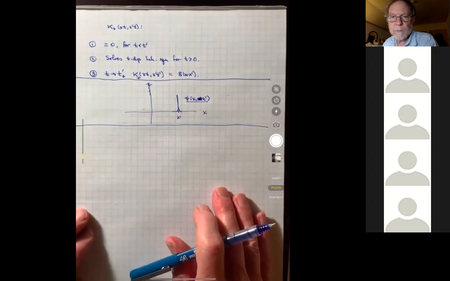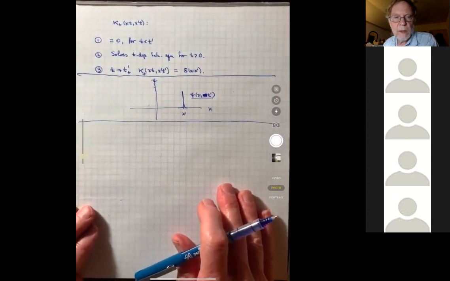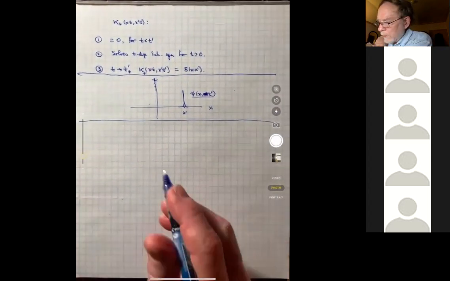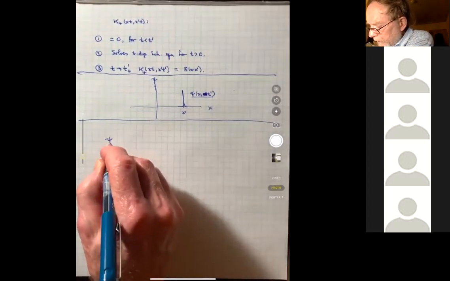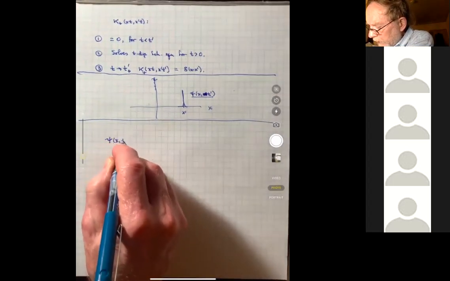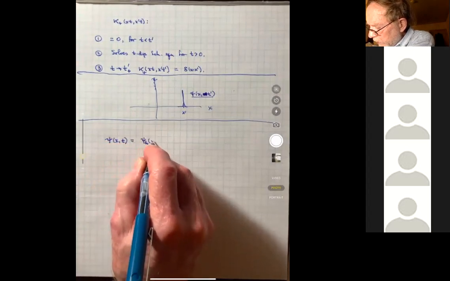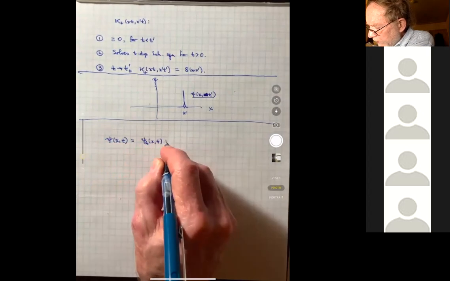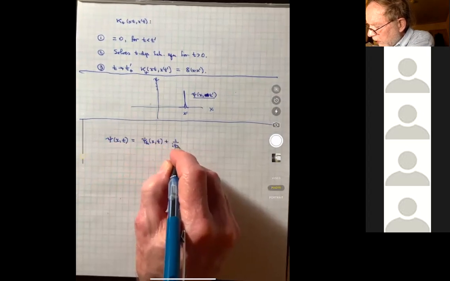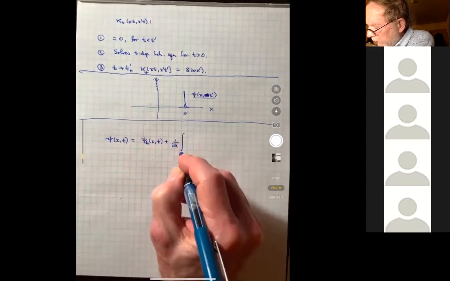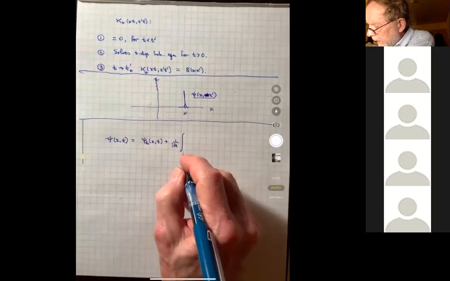Now then, let's now use it for solving. Let's plug it into the formula for solving a wave field for the inhomogeneous Schrodinger equation. It's going to be psi of x and t is the homogeneous solution, psi homogeneous of x and t, plus 1 over i h bar. I'm just copying my earlier formula, but I'm going to put in the k plus instead of an f.